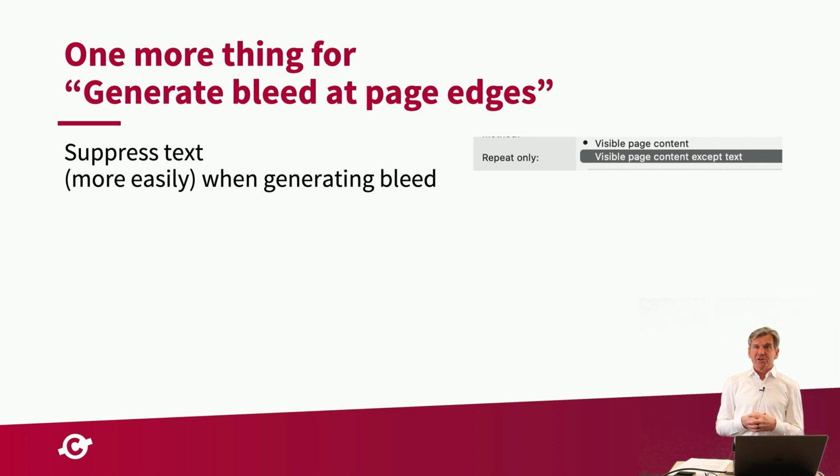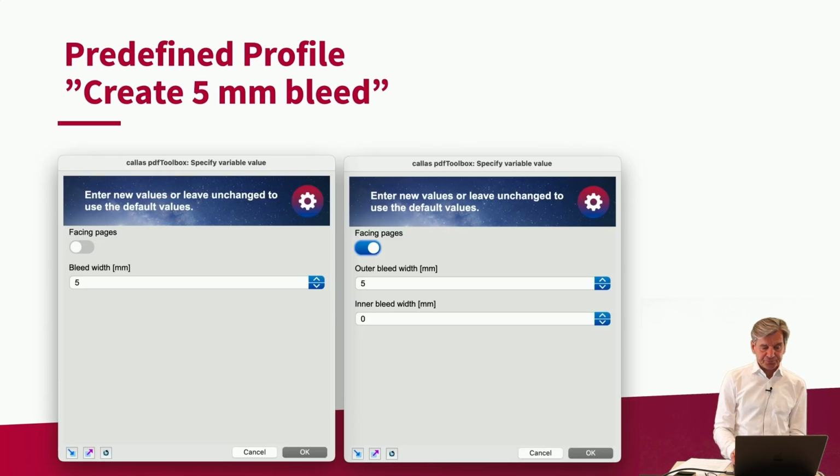And now you have an additional entry, visible page content except text. Because as I've said, normally in bleed generation, you want to ignore text. And now that has become easier in pdfToolbox 16. Up until pdfToolbox 16, you of course could have set up your own check, but now it's straight there.